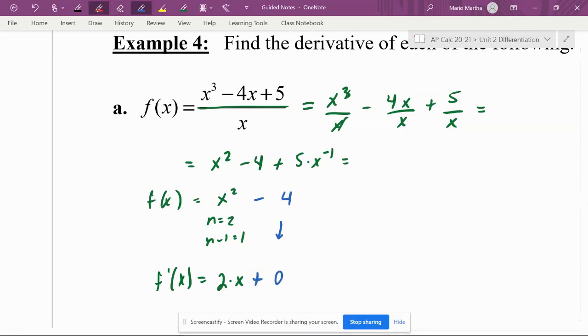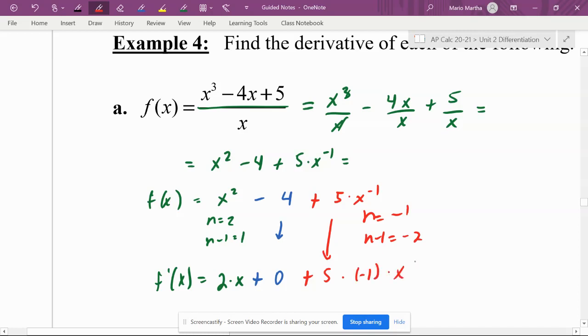And then our last one right here, we have plus 5 times x to the n minus 1. Again, we have a constant, so that remains the same, that one just goes straight down. And then our n is equal to negative 1, and n minus 1 would be negative 2. So here would be times negative 1 times x to the negative 2.